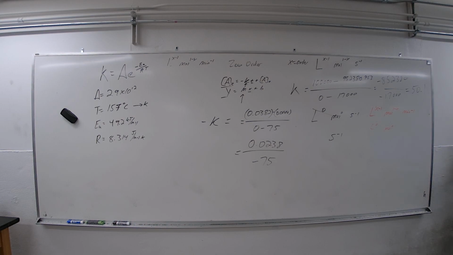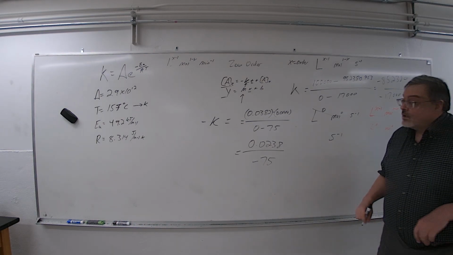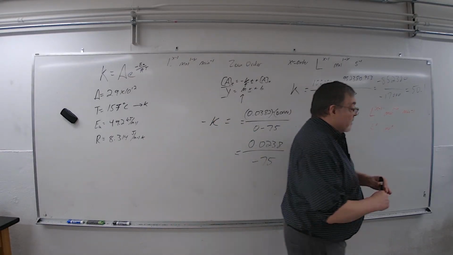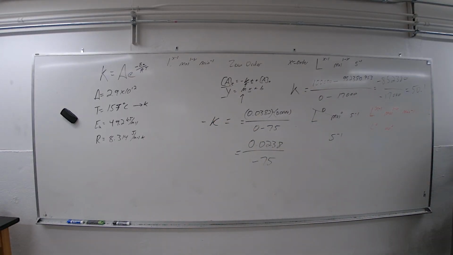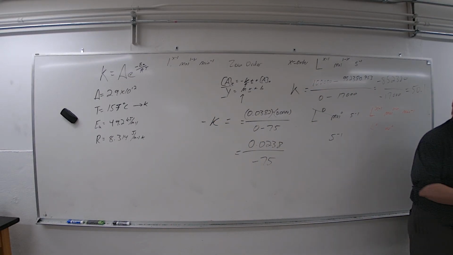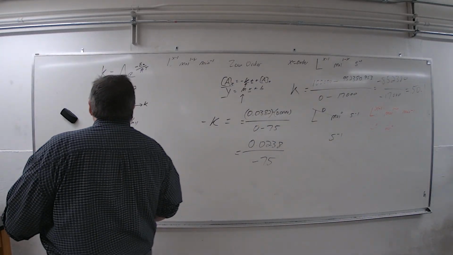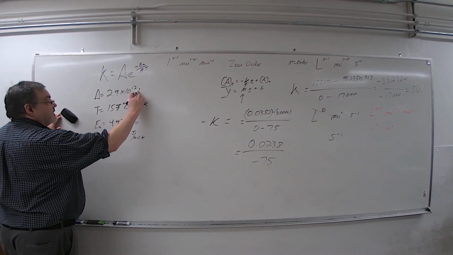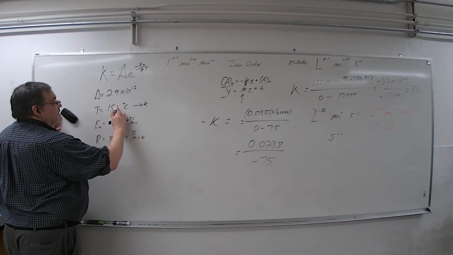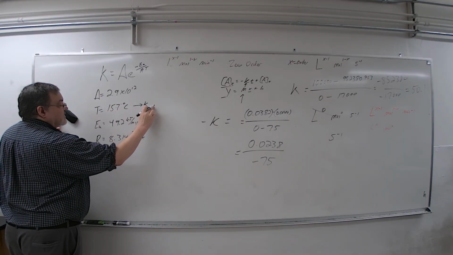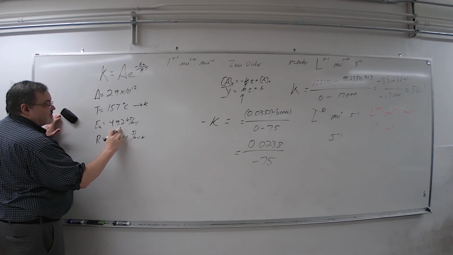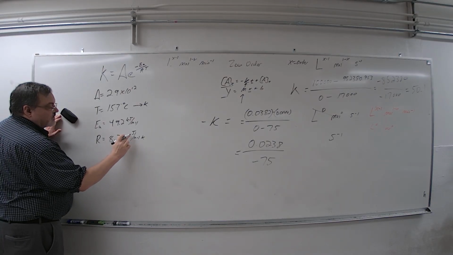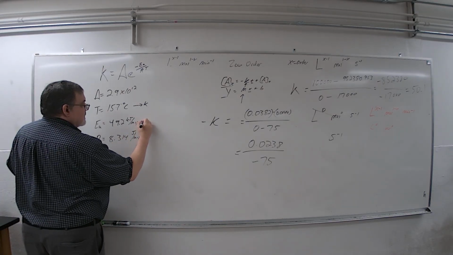So let's solve this. This is number 4 on there. All right, two things to know. A is unitless. 157C needs to be turned into K. And the kilojoules needs to be turned into joules, so it matches this.